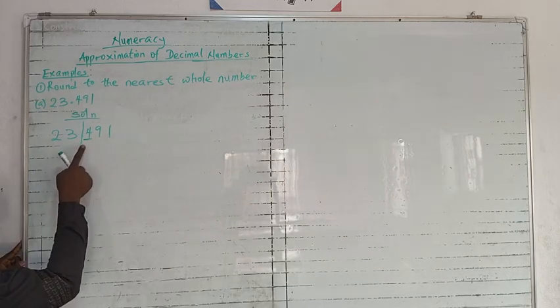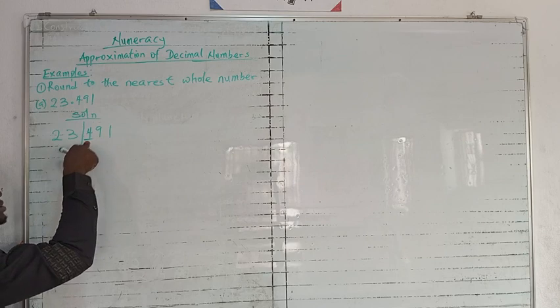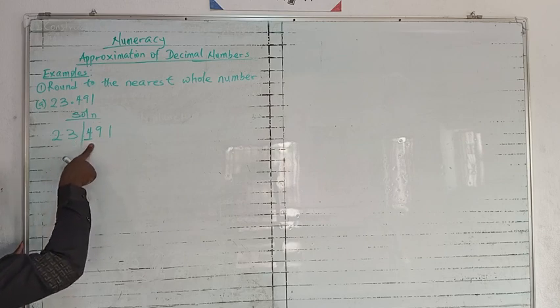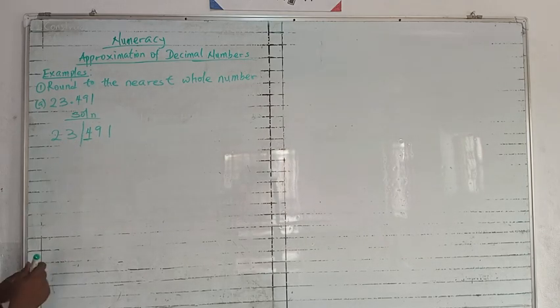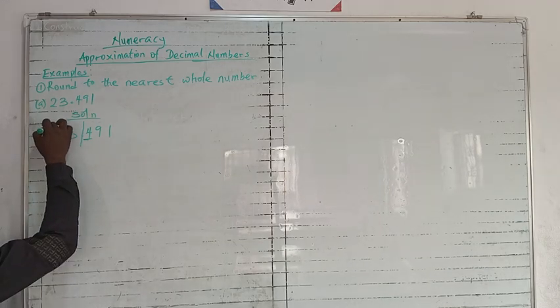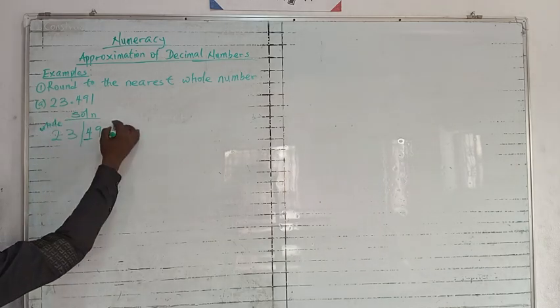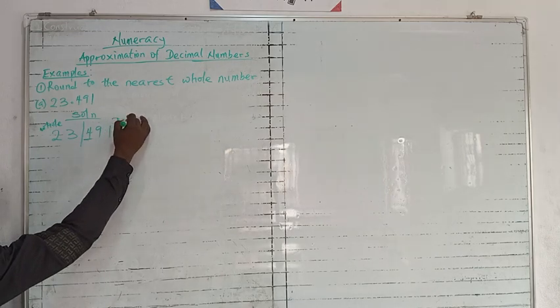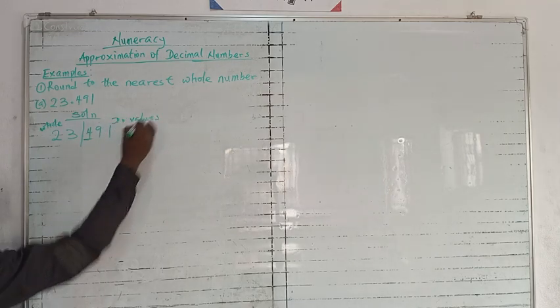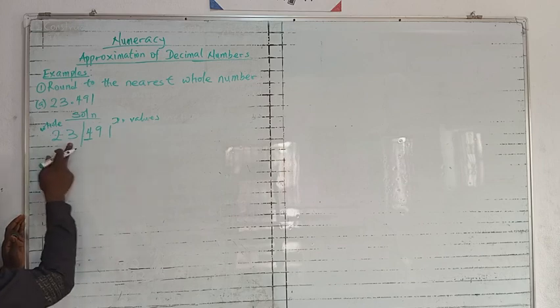Then we consider the digit immediately after the decimal point. So I'm now using this line as if I'm separating the whole number part and the decimal values. Remember, this is the decimal value part. This is the whole number.